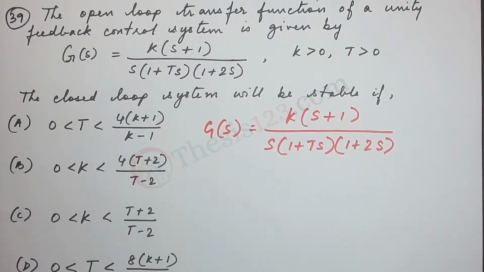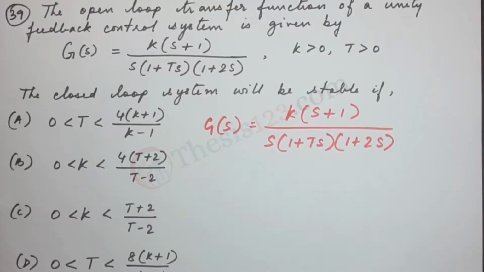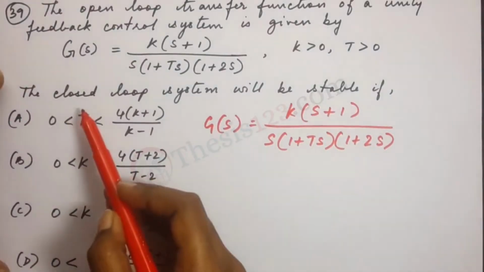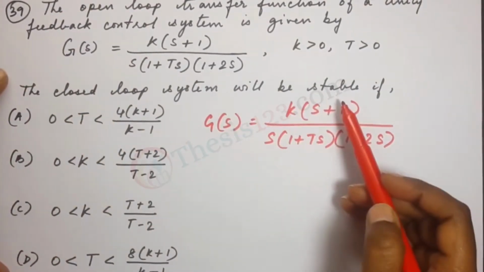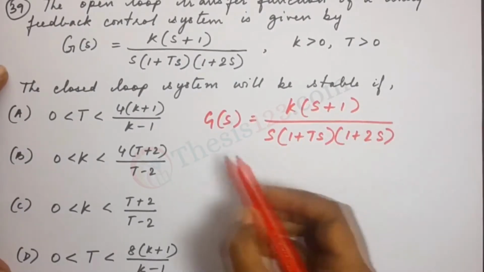So this question is taken from control systems subject, and we will have to note that for the closed loop system to be stable, there is a certain characteristic equation that we have to keep in mind.